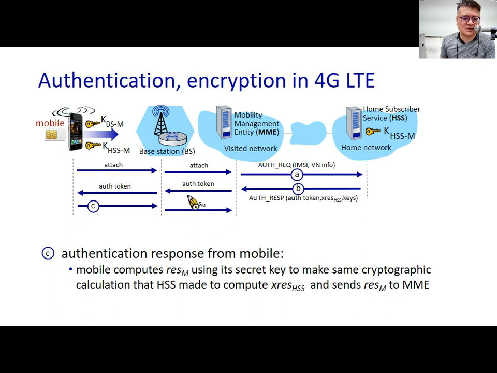The mobile uses its secret key to make the same cryptographic calculation as the HSS did, to compute the expected response, and sends the response of the mobile to the MME.